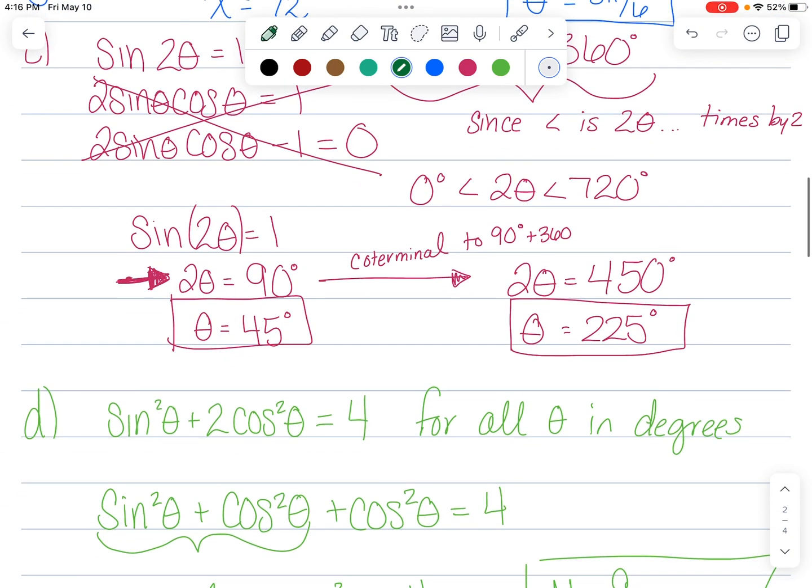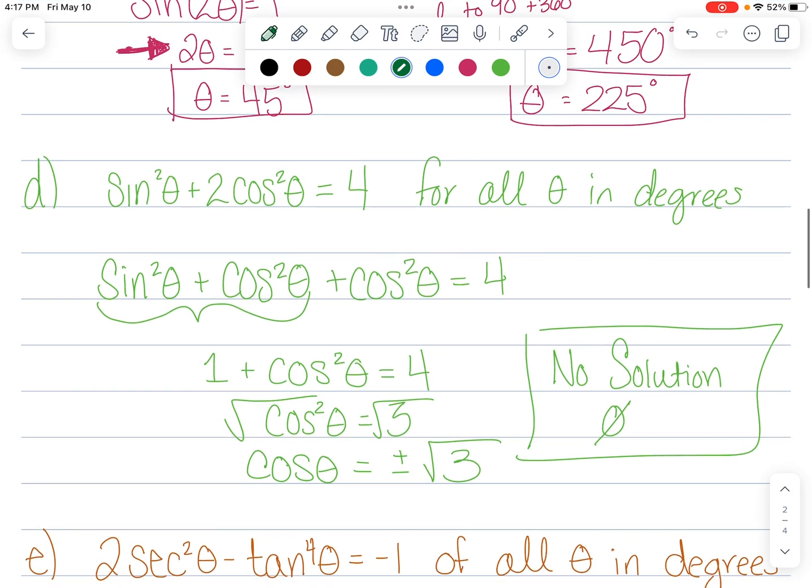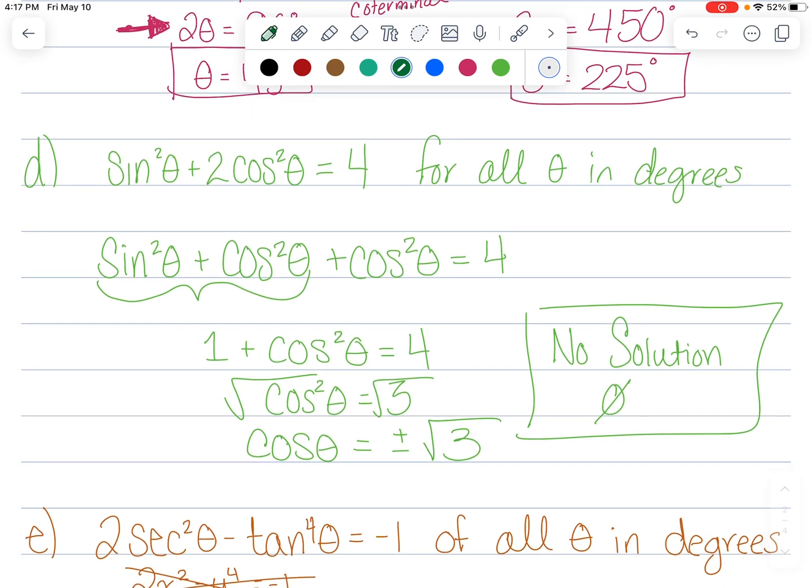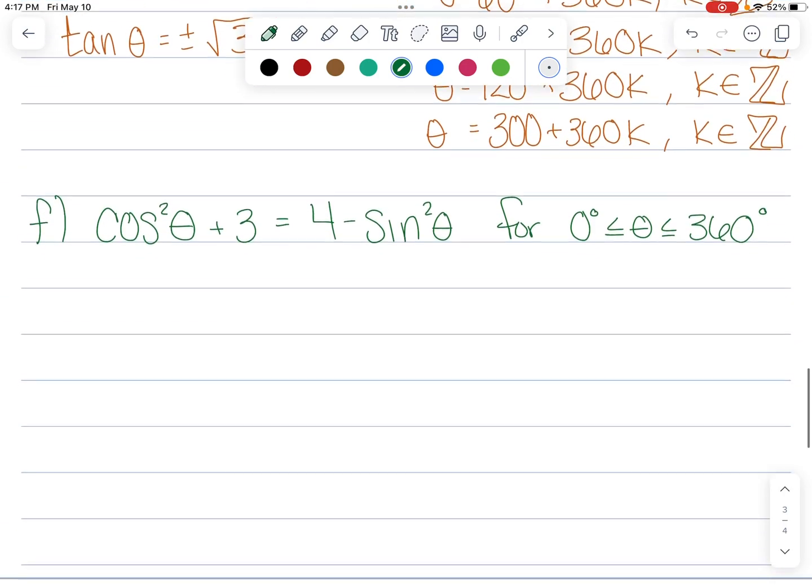And so having 2 different angles in the problem creates a problem. And the other situation is when you're recognizing the identity coming out, and most commonly it's going to be those Pythagorean identities.